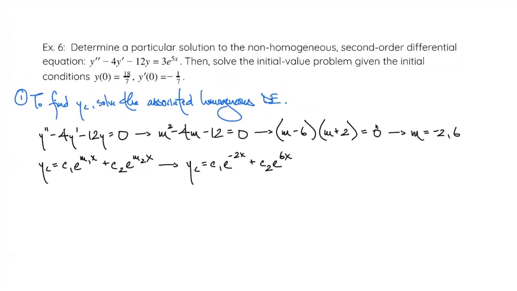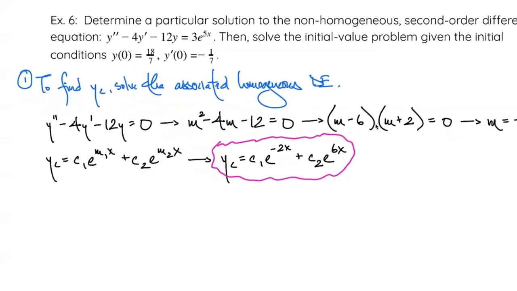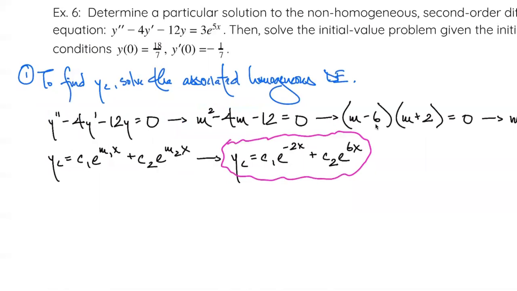I'm not going to put a final box around this, but I do like to keep track of my work. I know at some point I'm going to come back and need this because I will have y equals y sub c plus y sub p. So that's a little review from last week, solving that associated homogeneous differential equation.